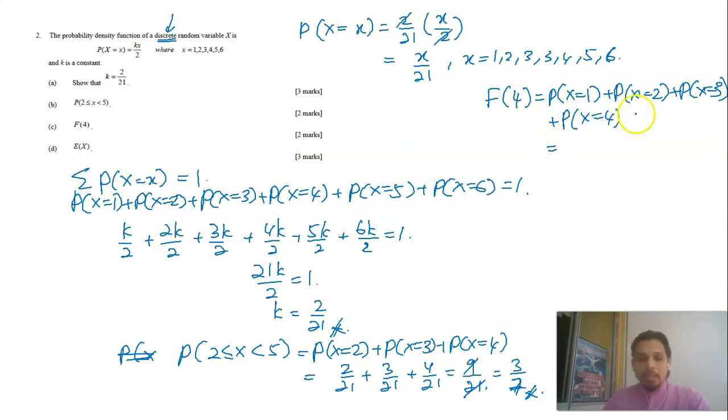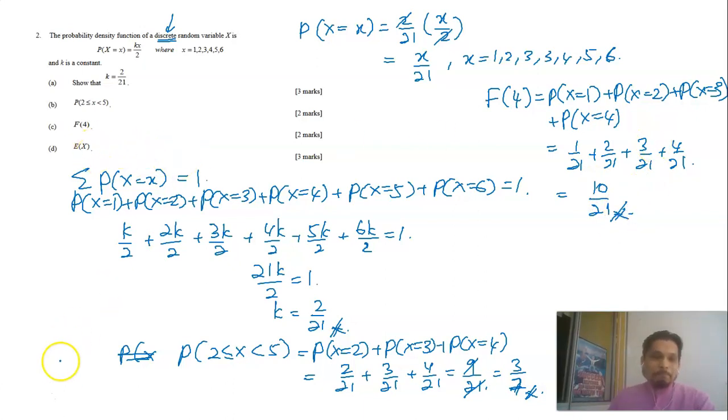So then, we're going to list down all again. Okay, from x equals 1, 1 over 21 plus 2 over 21 plus 3 over 21 plus 4 over 21. Yeah, okay. So 1 plus 2 equals 3, plus 3 equals 6, plus 4 equals 10 over 21.